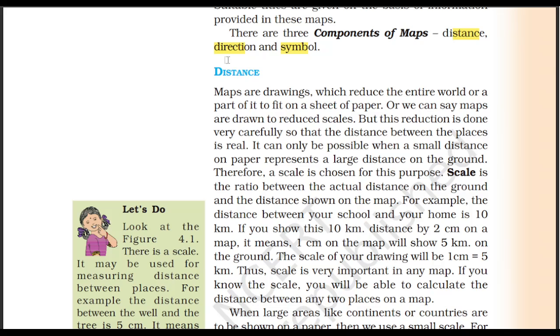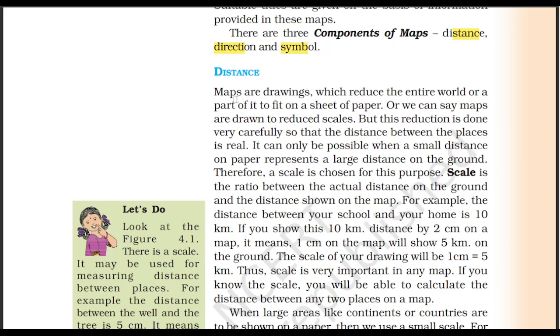Direction means from a point where the feature is located. Symbols tell about some special feature of that place.